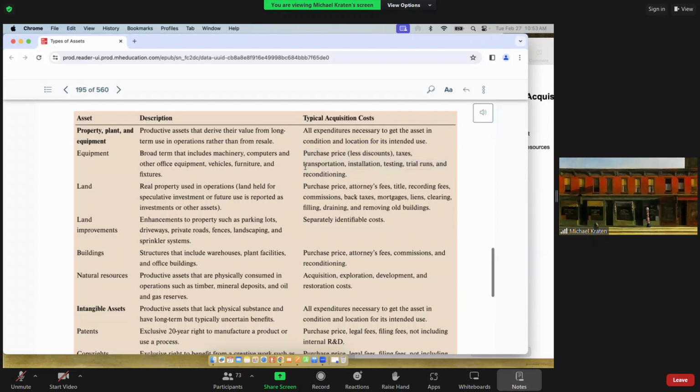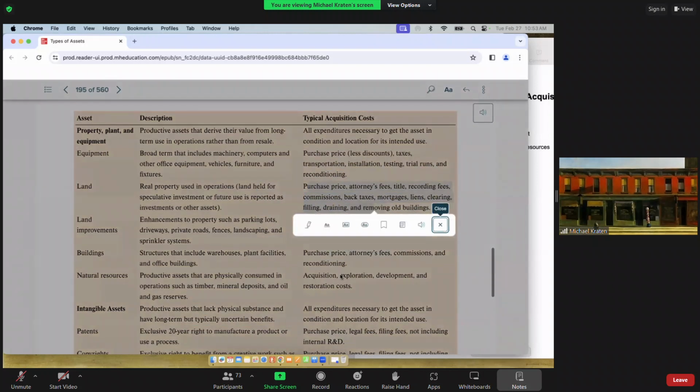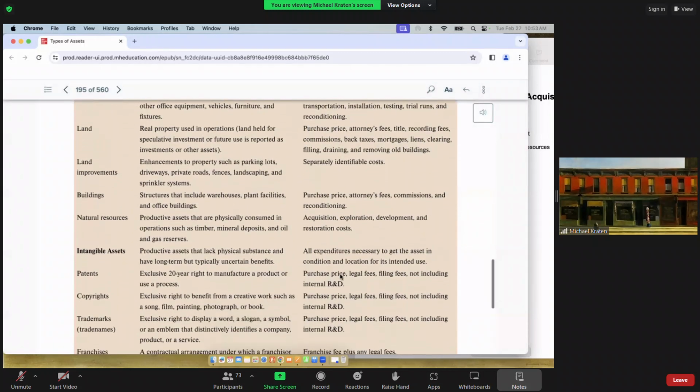That might be a luxury automobile, etc. What about land? If you've ever purchased land or a building, like a residential home, you think that you know how much you're going to spend. But whether you're buying land or a home for yourself, the fees and expenses and charges just add up and add up and add up.